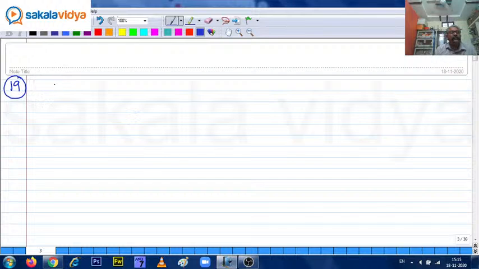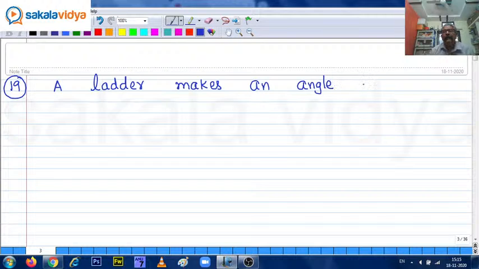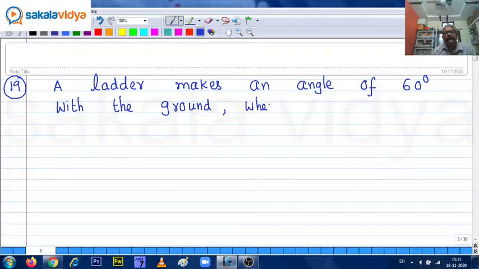Okay, 19th question. A ladder makes an angle of 60 degrees with the ground when placed along a wall.